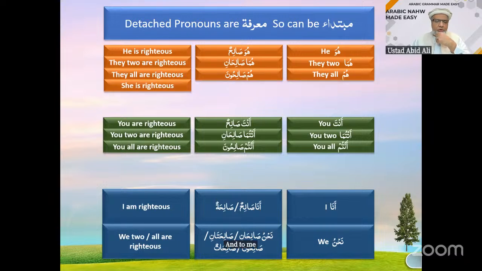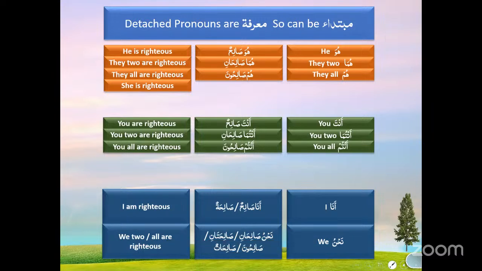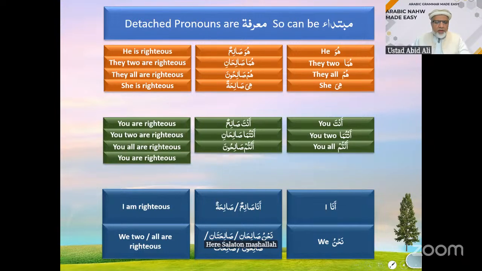Okay. So she is righteous. Sister Homa, she is righteous. Hiya Salihatun. MashaAllah. Jazakallah khair. Brother Imran Sheikh, you are righteous, female.